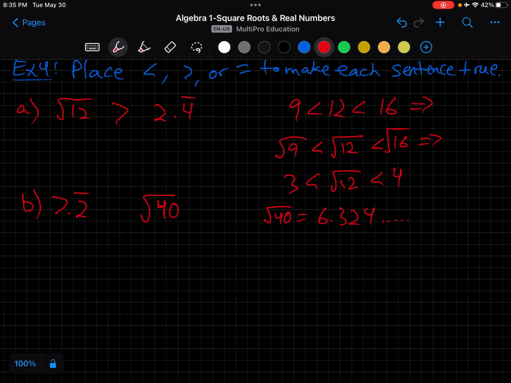Okay, so is 6.3 greater than or less than 7.2? It's less. 6 is less than 7, right? So then 7.2 repeating is greater than the square root of 40. Great job.